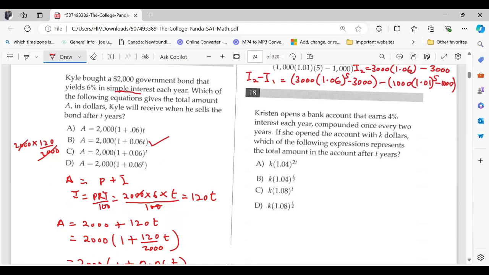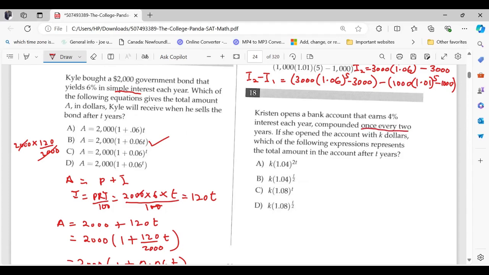Question 18. Christian opens a bank account that earns 4% interest each year, compounded once every 2 years. If she opened the account with care dollars, which of the following expressions represent the total amount in the account after 2 years? It's compounded every 2 years, once. Let's take note, once every 2 years.